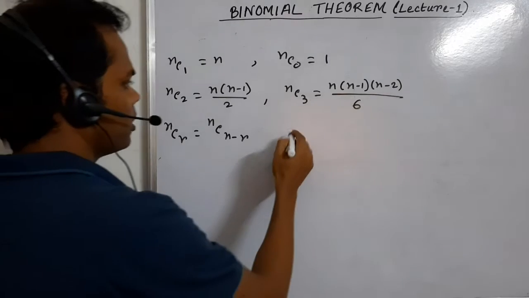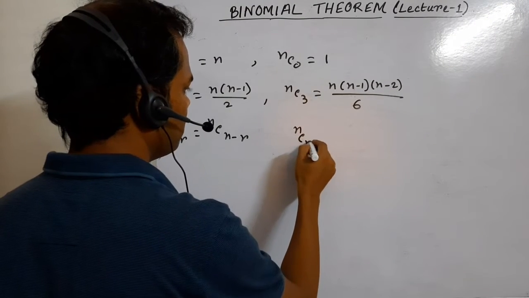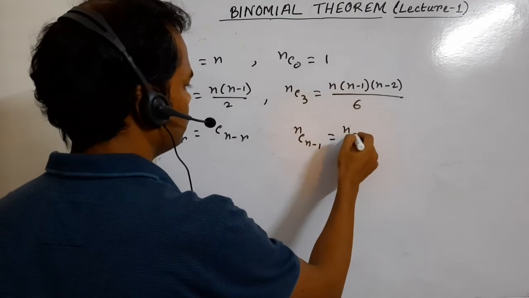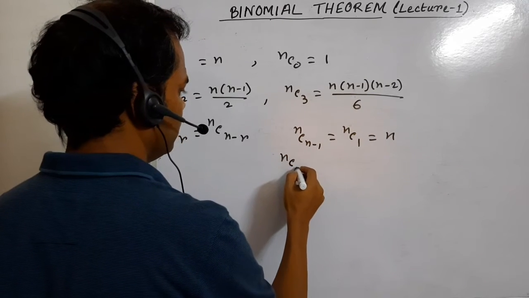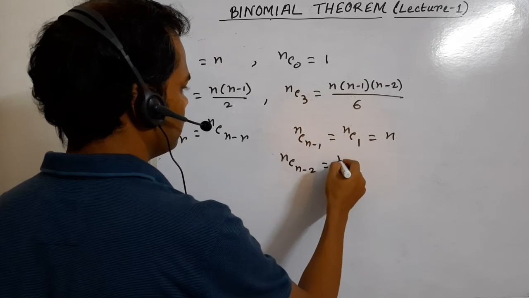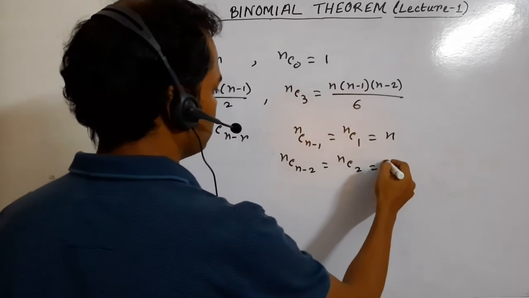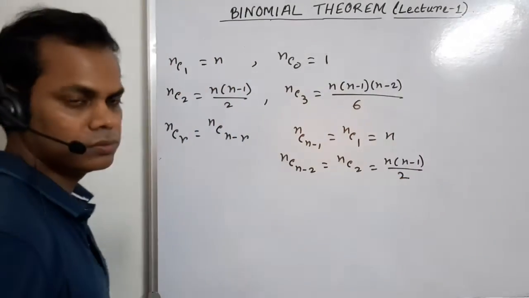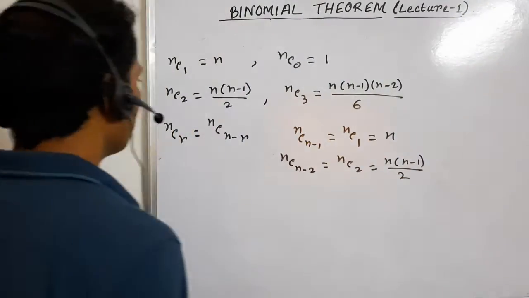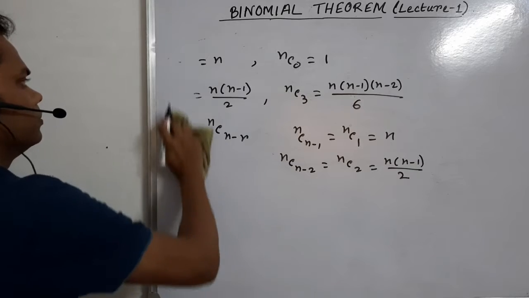By using this property, nC(n-1) equals nC1, which equals n, and nC(n-2) equals nC2, which equals n(n-1)/2. There exist a few more properties on nCr.